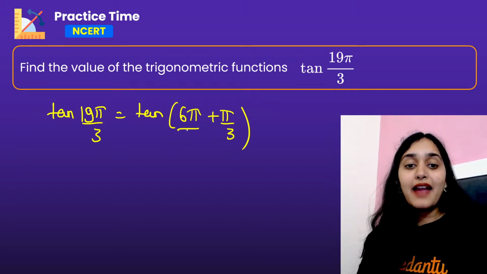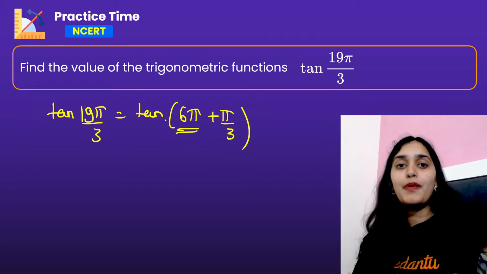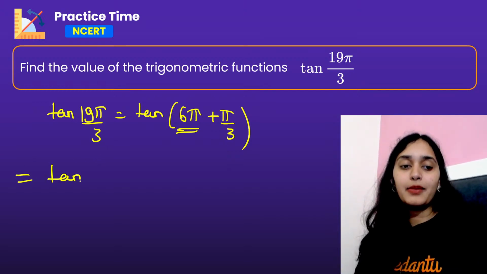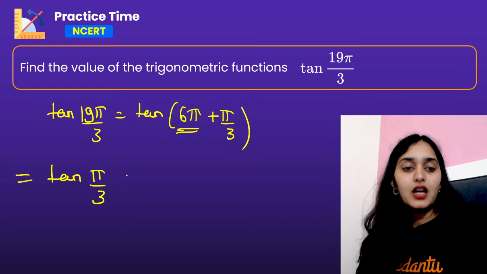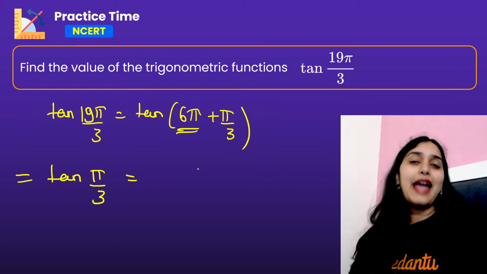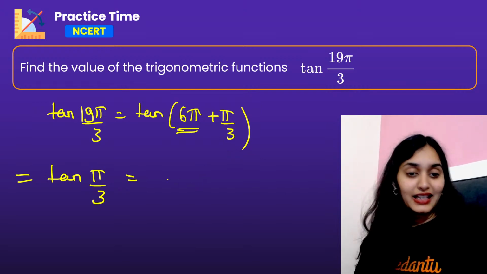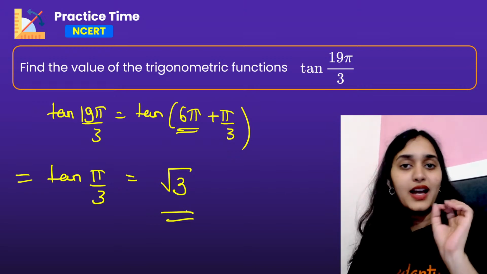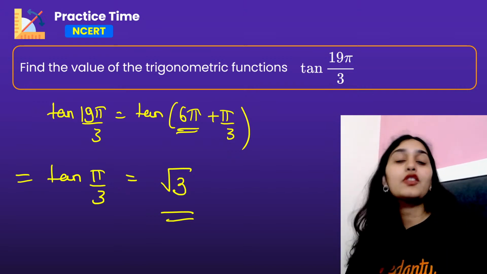So now tan repeats after every pi, 2 pi, 3 pi, 4 pi, 5 pi, 6 pi. So this is equal to nothing but tan pi by 3. Now what is tan pi by 3? Tan pi by 3 is tan 60 degree, which is root 3. That's why you have to remember the formula and the values of all the trigonometric ratios.